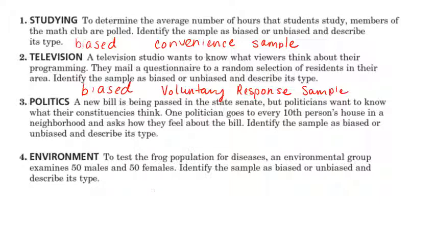So it is going to be a random sample. And if you notice, it's systematic random. So this is an unbiased sample because I'm not picking it based on anything but numbers. And since I'm picking every 10th, it's a systematic random sample. So that is unbiased.